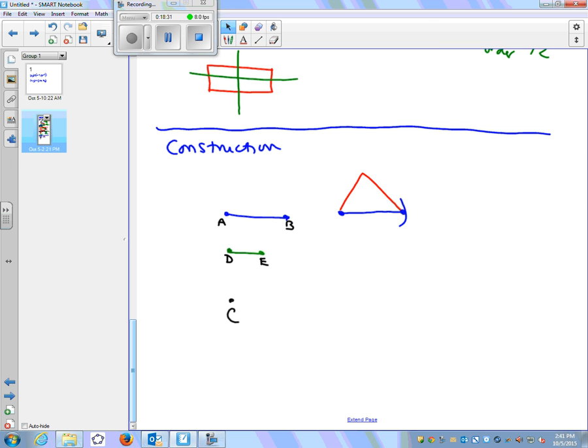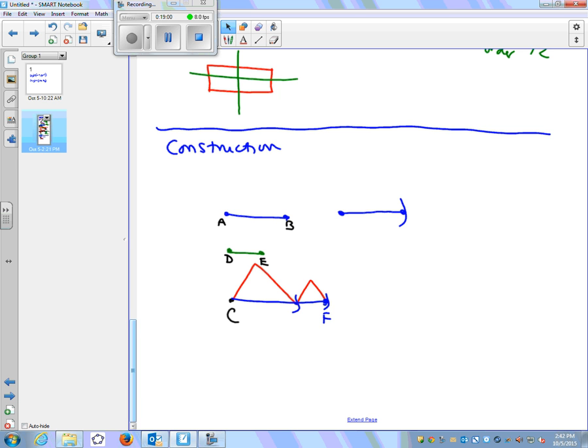Well, you're just going to take this, and do that mark, put a dot there, right? Then you're going to take your compass and make it measure this one, and add that one right on top of that. And that's going to be your whole length. That's AB plus DE. That make sense?